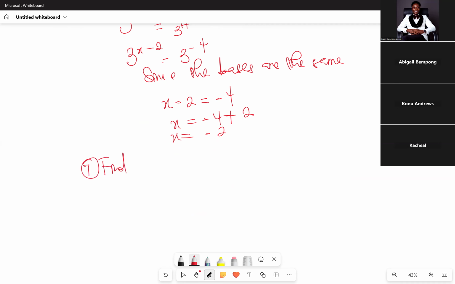Find the value of x if 2 exponent 3x minus 1 equals 128 root 2.